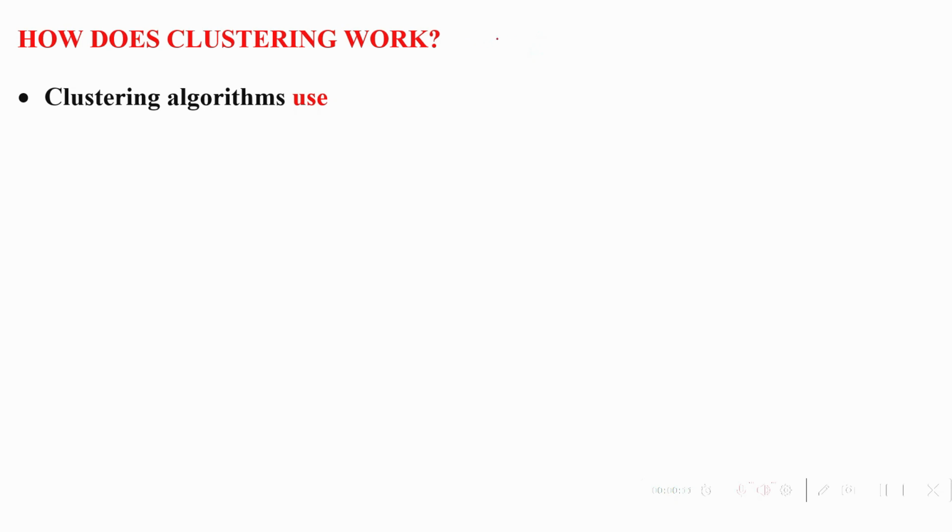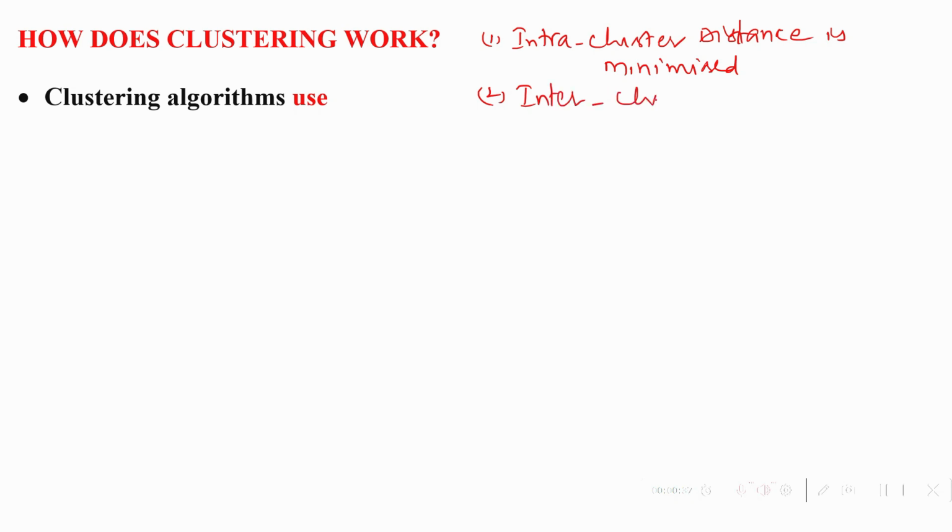The first principle is that intra-cluster distance is minimized, and the second principle is that inter-cluster distance is maximized. Those are the two basic principles used to construct clustering algorithms.